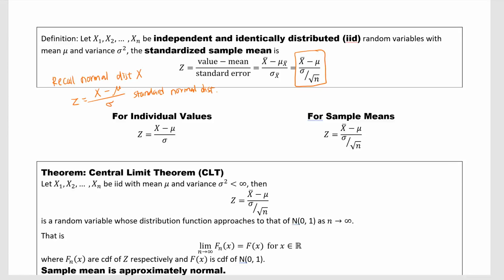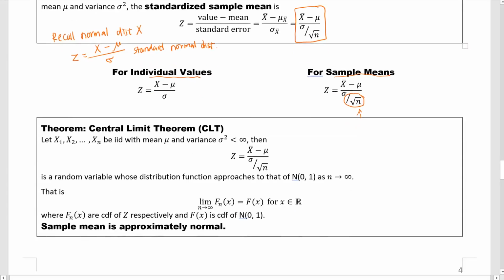For individual values, the standardized normal is x minus mu over sigma. But for sample means, it is the sample mean minus mu over sigma over square root of n. So compare, you have an extra term here. Don't forget that.